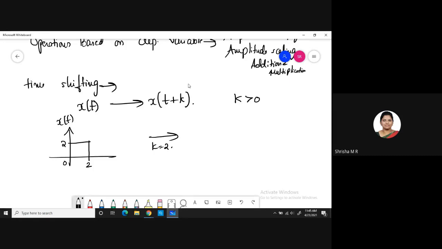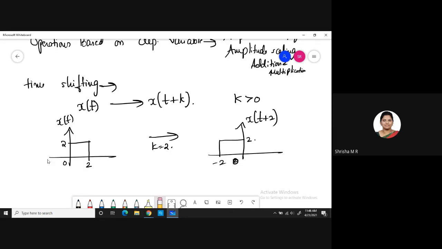So what happens? You have x of t plus 2. If we add 2 to t, the signal occurs 2 seconds earlier. Whatever signal is at 2 will come to 0, and whatever signal is at 0 will come to minus 2. So your signal will exist from minus 2 to 0 with amplitude 2.